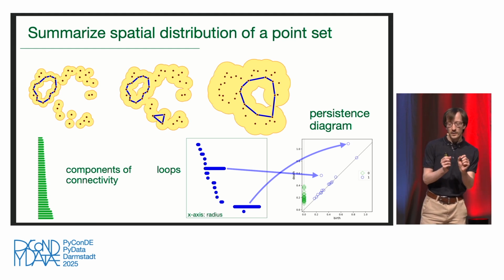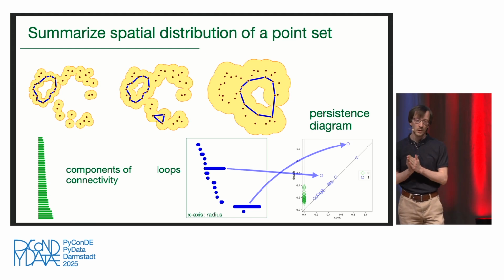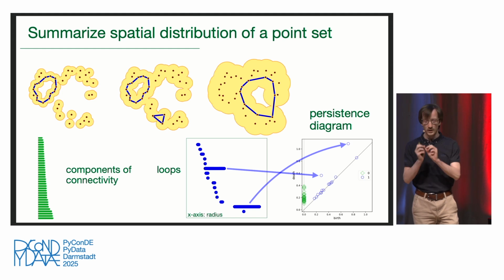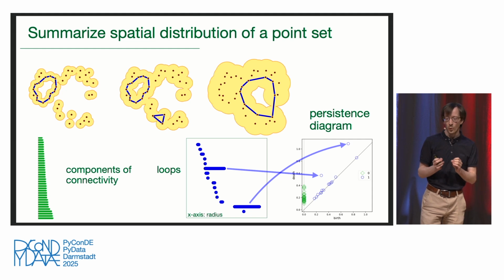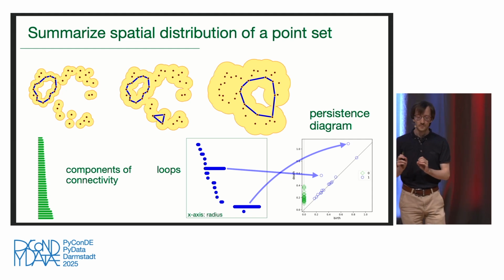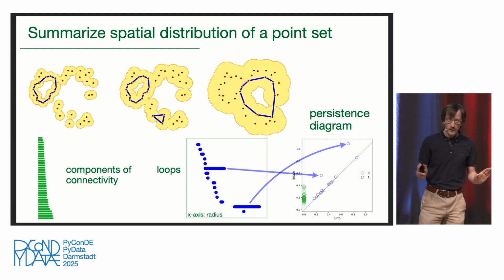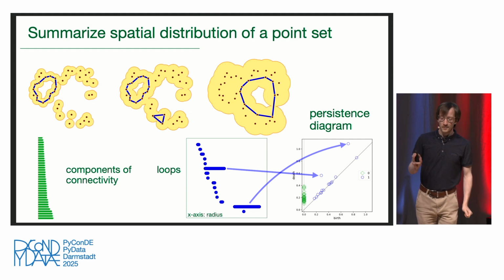And all the tiny ones are very close to the diagonal because they are very short. So the diagonal means the birth and death is the same. So if the difference between birth and death is small, the points are at the diagonal. So hopefully this object is somewhat clear.